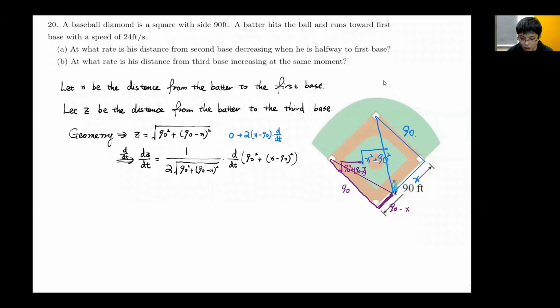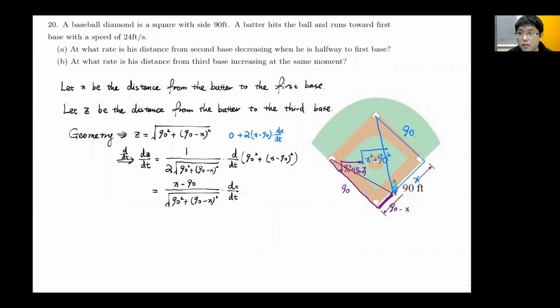But the derivative of the inner function is precisely dx over dt, because the derivative of minus 90 equals 0. Notice that this 2 and this 2 will cancel out eventually. So at the end of the day, dz over dt will be x minus 90 divided by root of 90 squared plus 90 minus x squared times dx over dt. This is the derivative of z with respect to t.